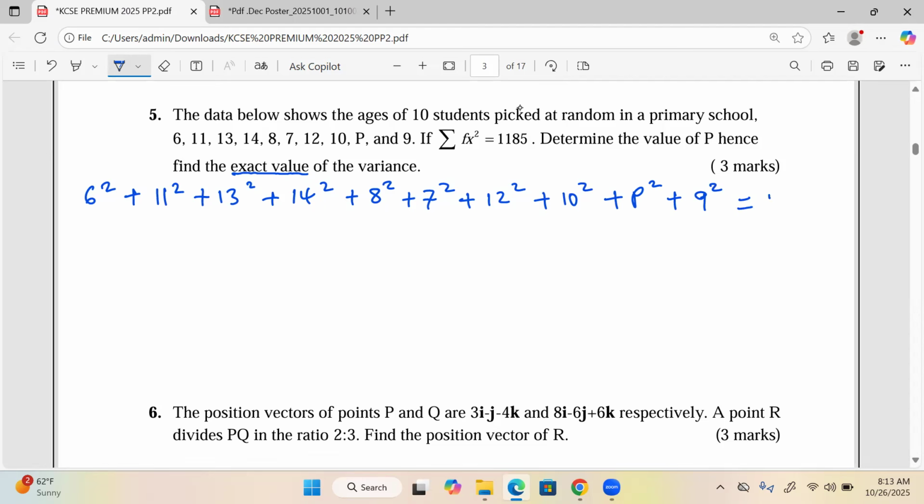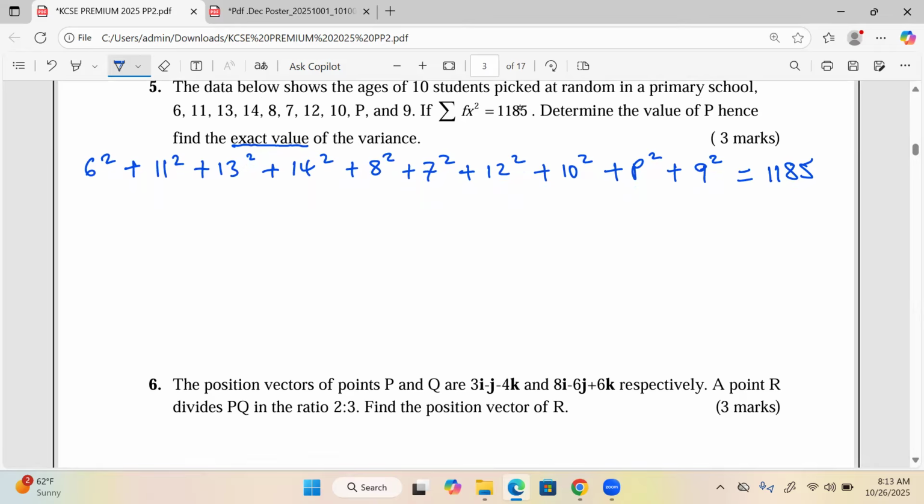We are supposed to get 1185. So let me work out this. Everything squared: 6 squared plus 11 squared plus 13 squared plus 14 squared plus 8 squared plus 7 squared plus 12 squared plus 10 squared plus 9 squared.